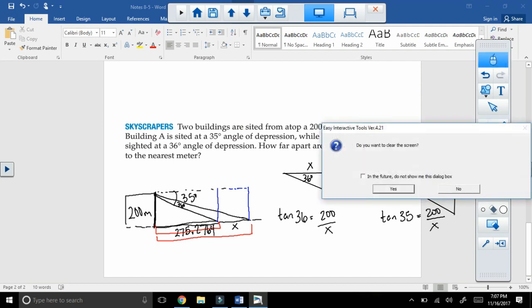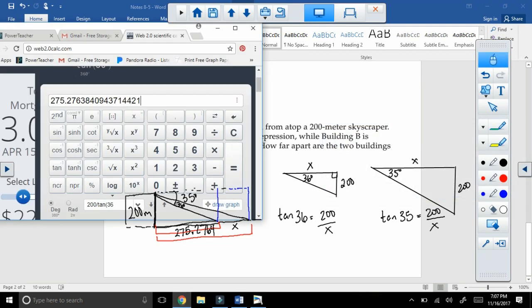When I solve this, I'm going to, on my calculator, type in 200 divided by the tangent of 35, and I get 285.6296.